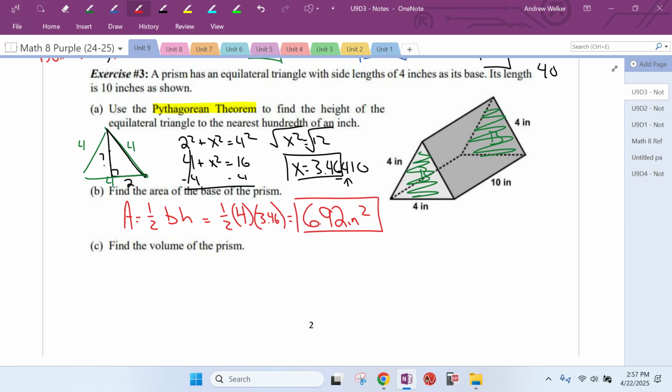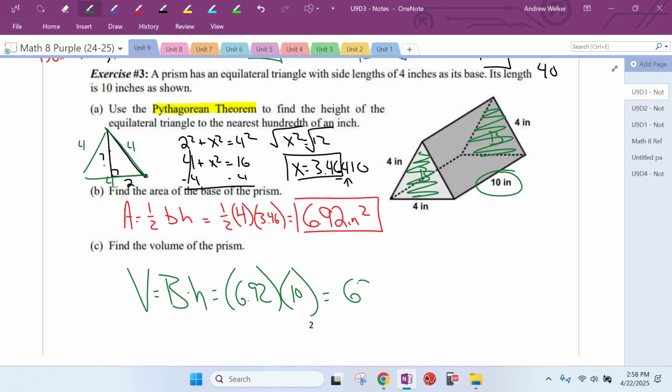So the volume of the prism, going back, is volume equals big B times H. In this case, the big B was our triangle, which we found to have an area of 6.92. The distance between the front base and the back base, or my height, is 10. So I multiply by 10. Even better, when you multiply by 10, it just moves the decimal place over 1. So I end up with 69.2 inches cubed.